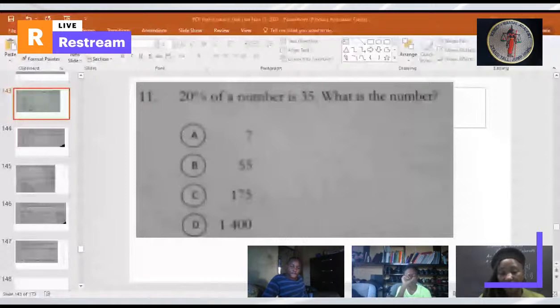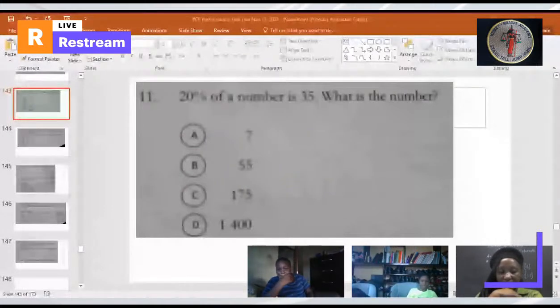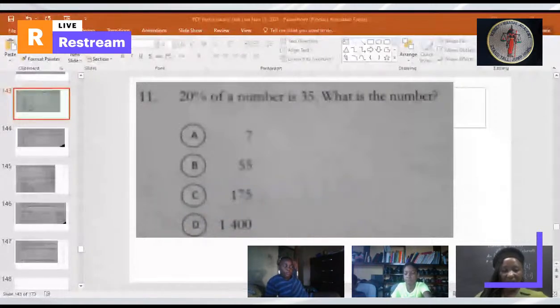Miss, I did all of them, and I said 20% times 175, and then I got 35, miss. So we're doing it by trial and error, right? Yes, miss. You tried each one, found 20% of it, and realized that 20% of 175 is 35.